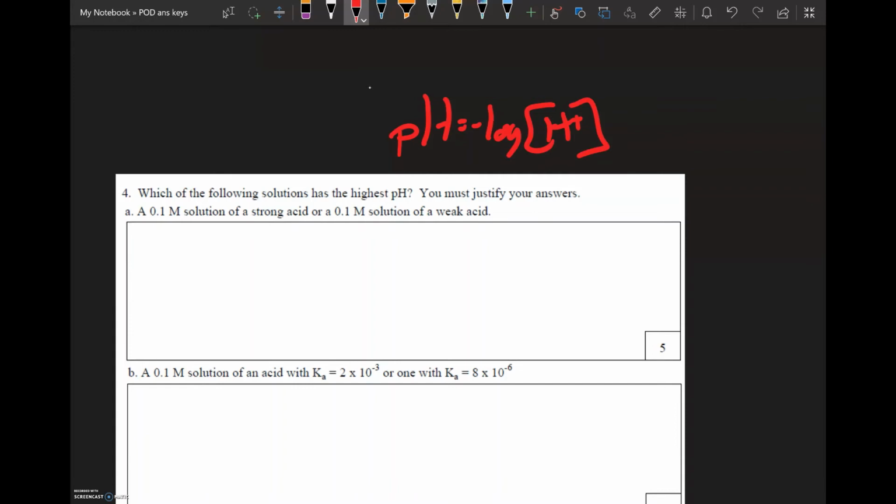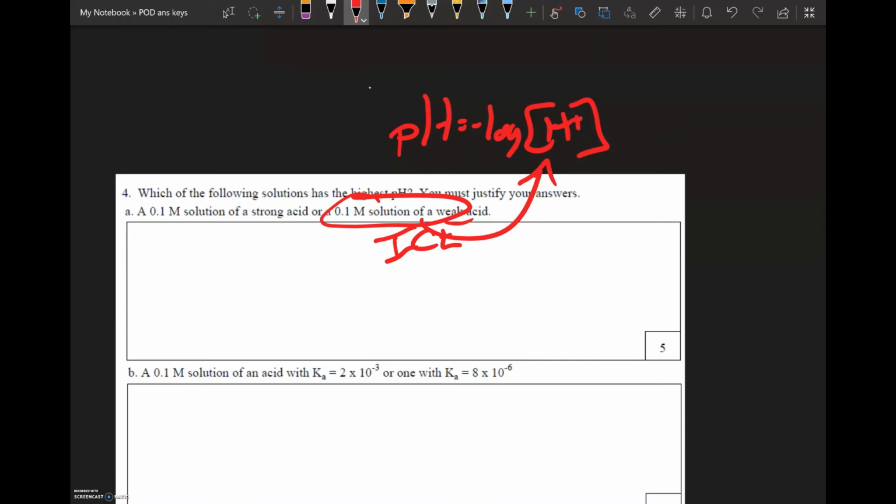Now, you can't just plug the information straight into here, because for a weak acid you have to use the ICE chart. Right off the bat, when you use the ICE chart, you're possibly going to have to go through the quadratic equation, which means that the X value itself is going to be smaller, therefore you're not going to have the same concentration.